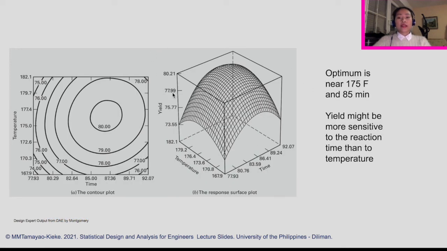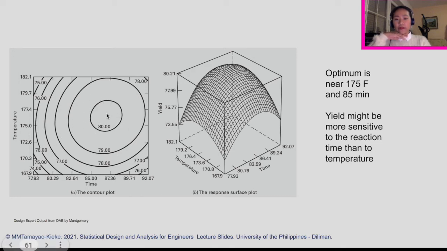This is the corresponding contour plot and response surface for this particular example. If we just investigate the contour plot, you can already see that this seems to be a model with a point of maximum response. As we go inwards, you have a higher response.